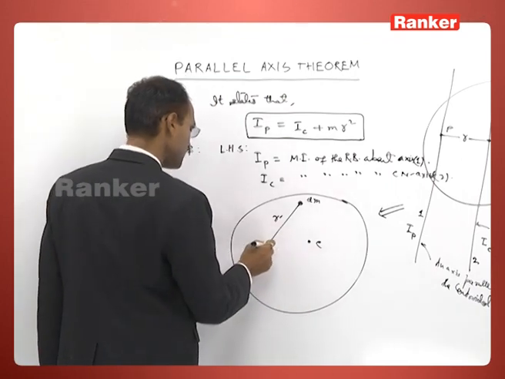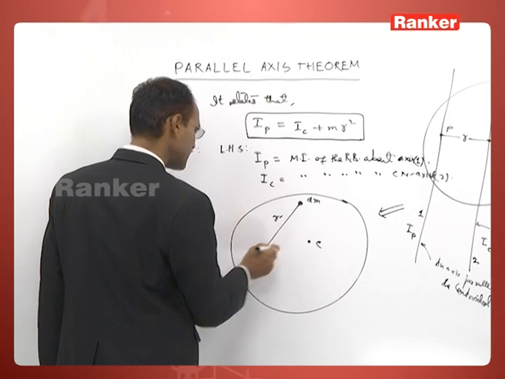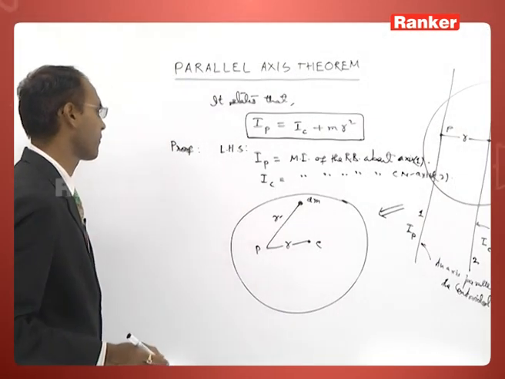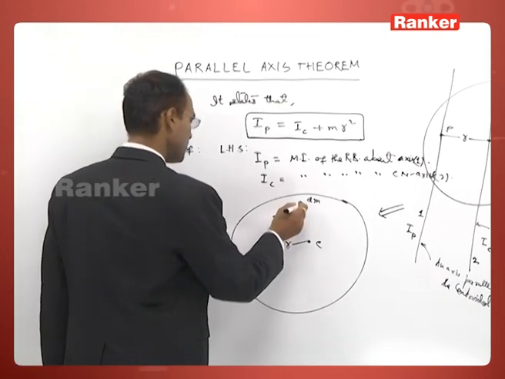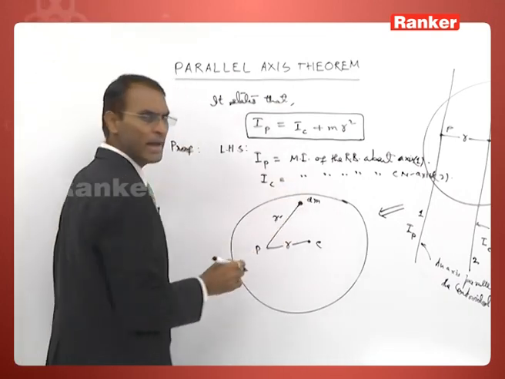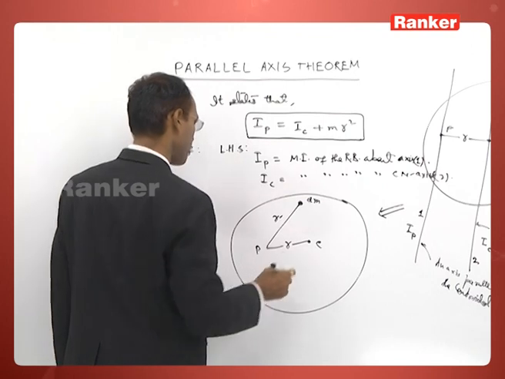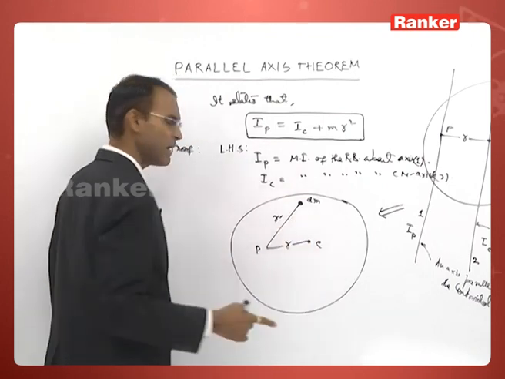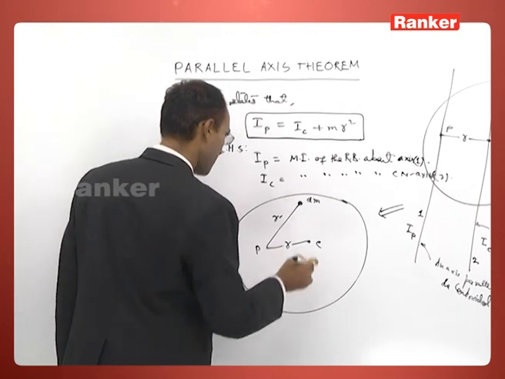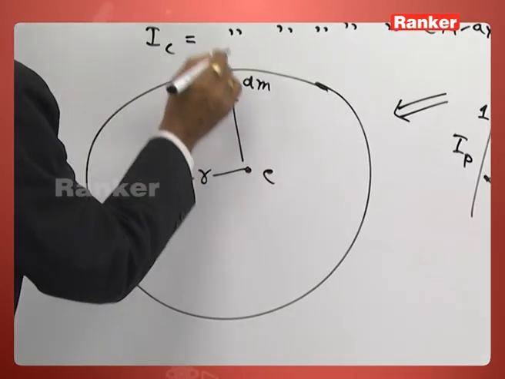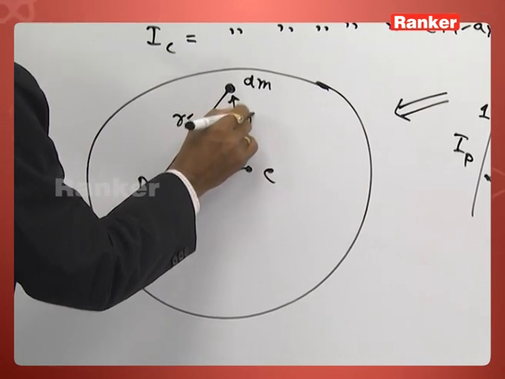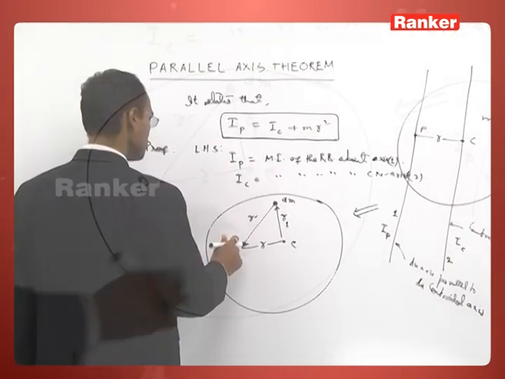Let us assume that the distance between these two axes is r, and the position of this element of the body with respect to the axis passing through the center of mass C be r1.